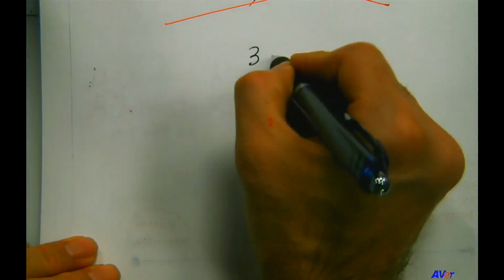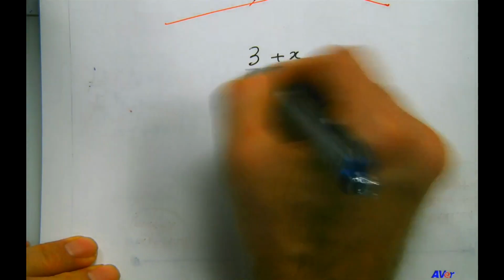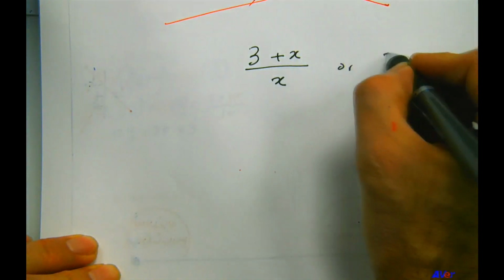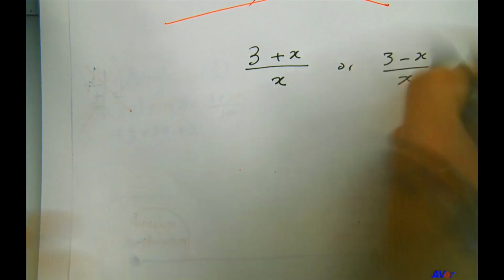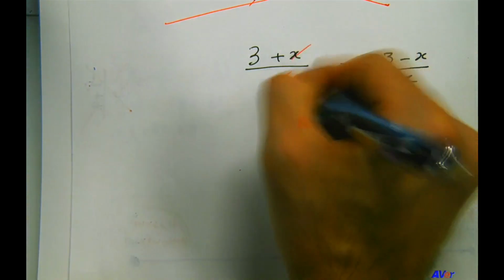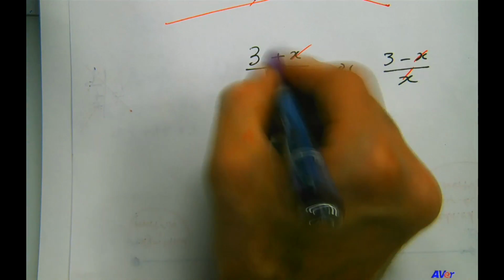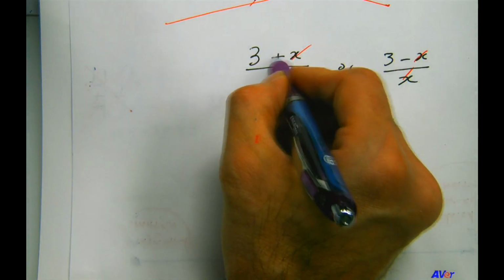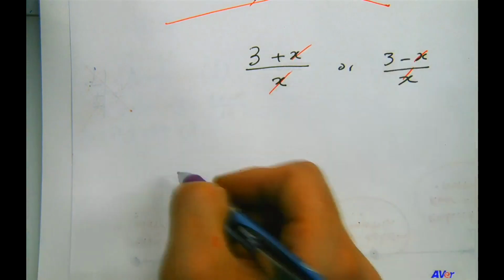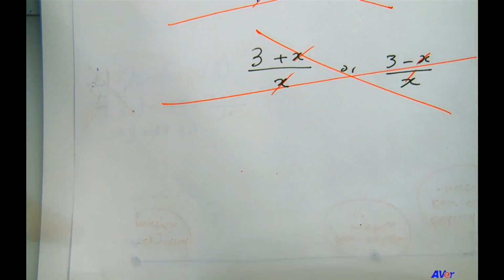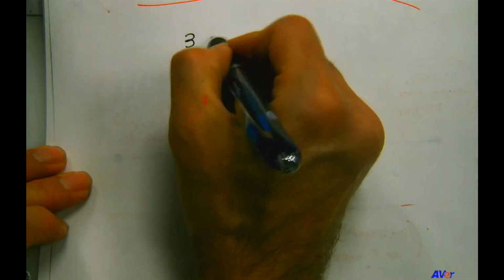If you have 3 plus x over x, or 3 minus x over x, can you do this? No. I don't know why people do this. You cannot cancel terms like this when you have a plus or a minus in between. You can only simplify terms when they're being multiplied or divided.